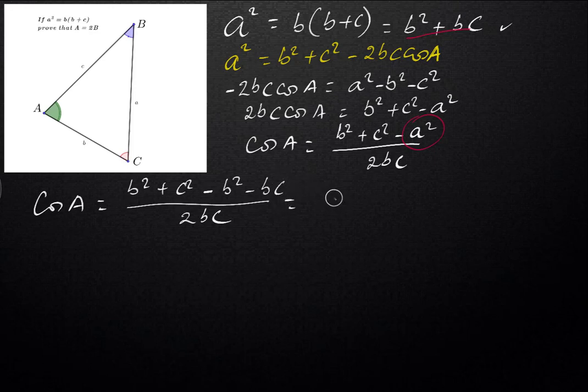And we see b squared minus b squared, we just simplify that, and we get c squared minus bc over 2bc.